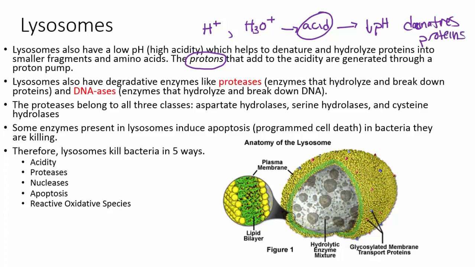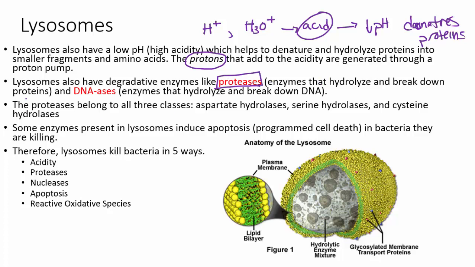That's very advantageous for the lysosome, because the lysosome is also going to release proteases. The proteases are enzymes that hydrolyze and break down proteins. So if the proteins are already denatured, it's much easier for the protease to hydrolyze them into amino acids.